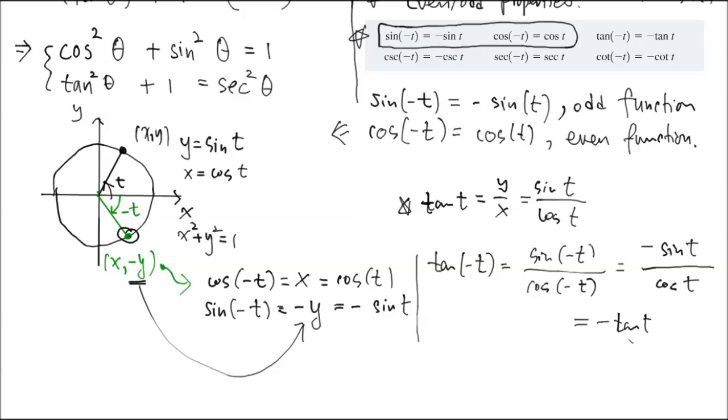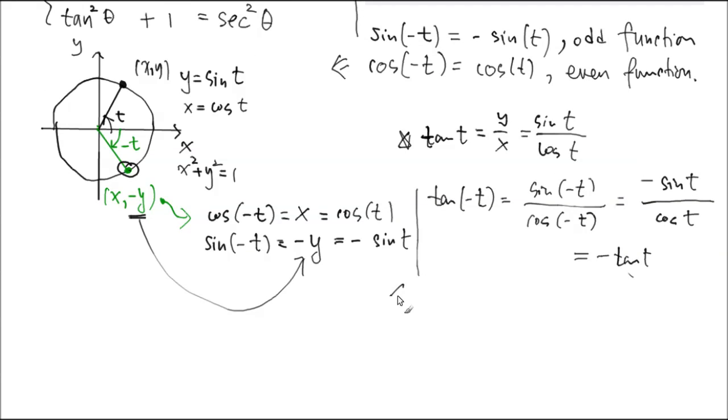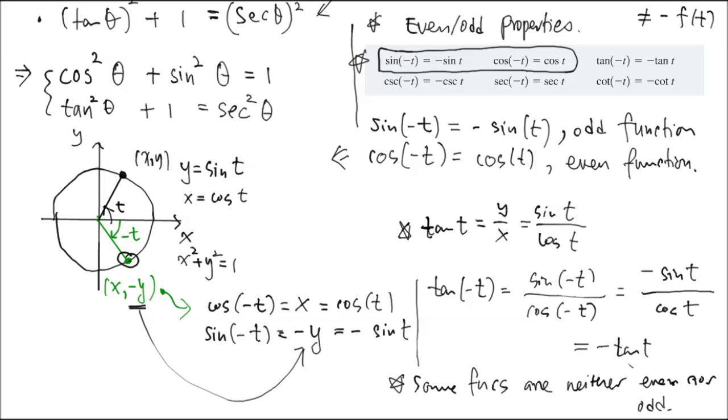So here's a remark. Some functions are neither even nor odd. That is a sure indication it behaves differently from numbers. All right, so that's a symmetry. When a problem says show, or when I say prove or show, this is the thing that I'm expecting.